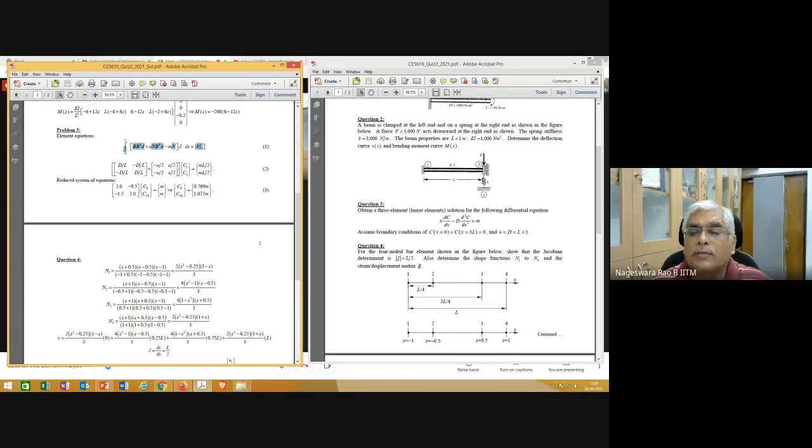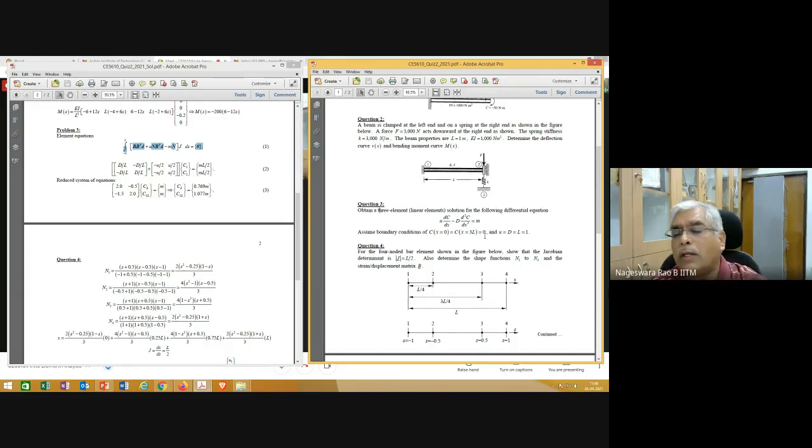The element equations for the third problem look like this, and here it is asked that three linear elements you need to adopt. Okay, 3 linear elements you need to adopt, and these are the boundary conditions. 3 linear elements is going to result in 4 nodes, and 2 of the boundary conditions are given, which are 0.